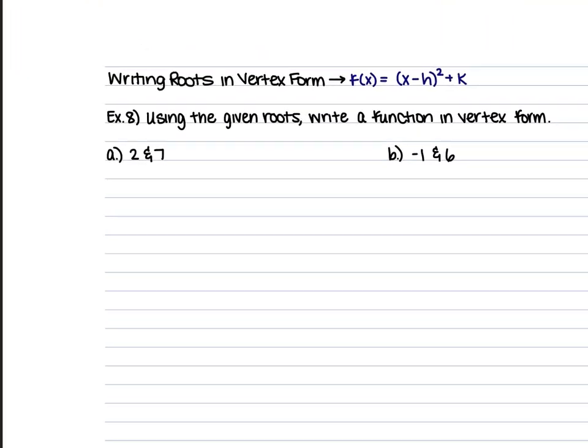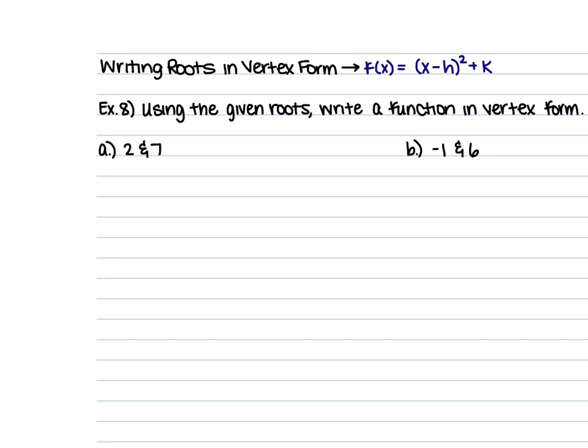For our last set of examples, we're writing roots in vertex form. Vertex form is the form of f of x is equal to x minus h squared plus k. Now, when we do this, we are going to use the two numbers that they give us, take the opposite signs, put it into our standard form equation with it equal to 0.